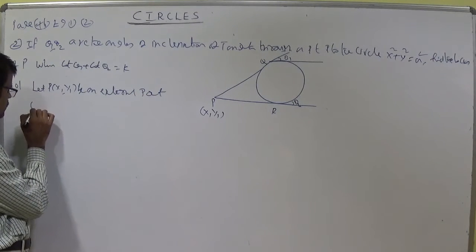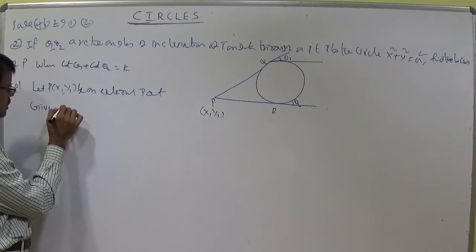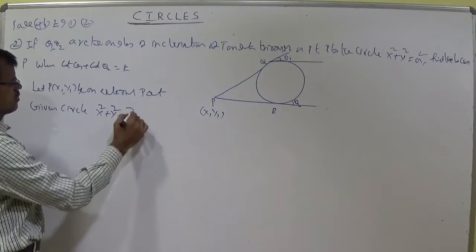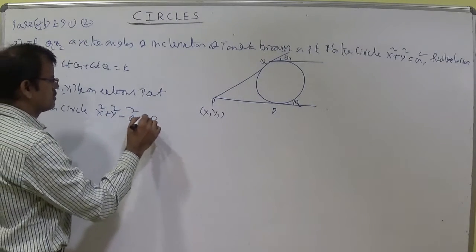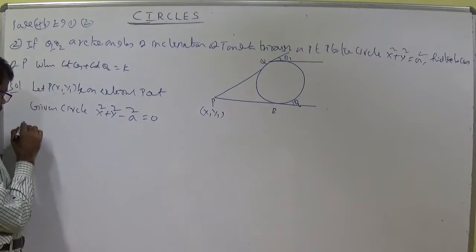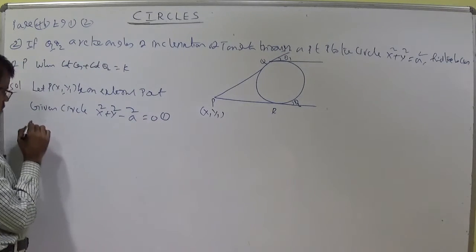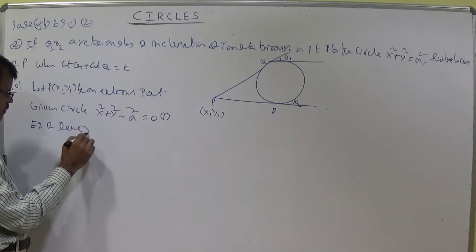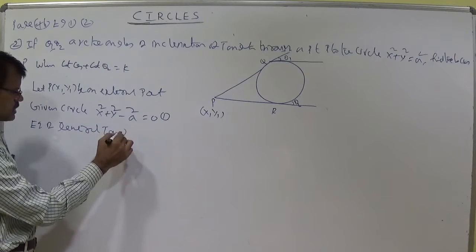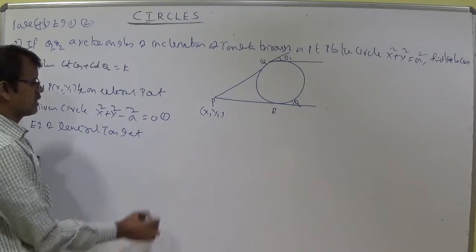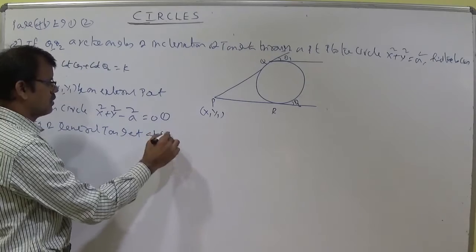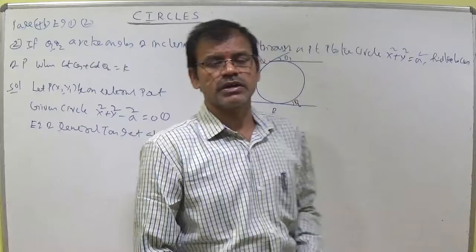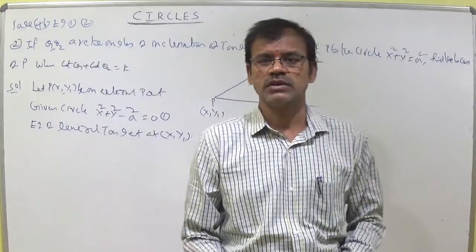We know the given circle, x square plus y square minus a square equal to 0. Call it equation 1. Here you can write the equation of a general tangent: the equation of a tangent having slope m is y is equal to mx plus or minus a root of 1 plus m square.